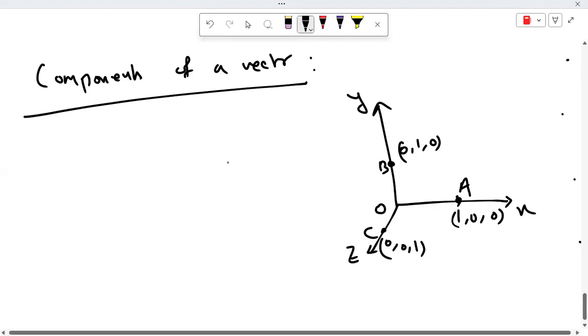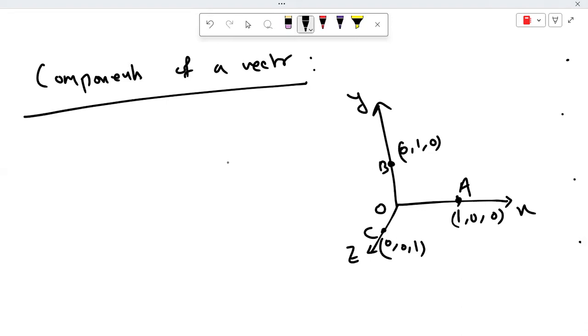Then on your right, if we have 3 points: 1 comma 0 comma 0, 0 comma 1 comma 0, and 0 comma 0 comma 1.